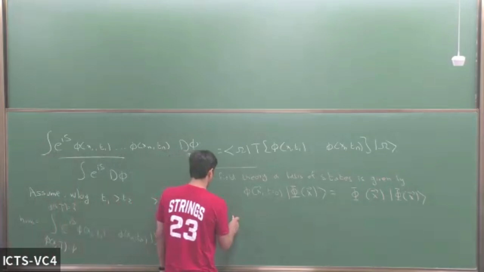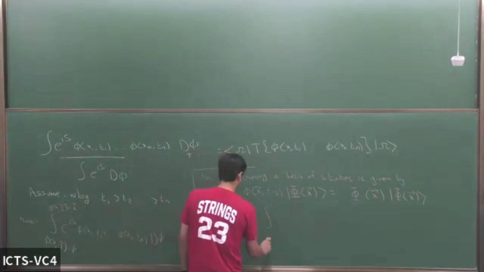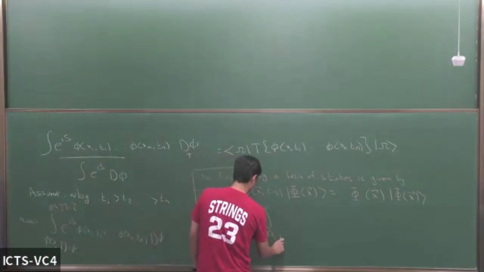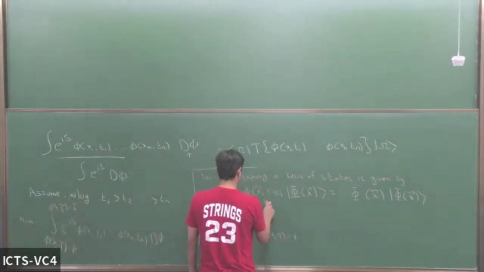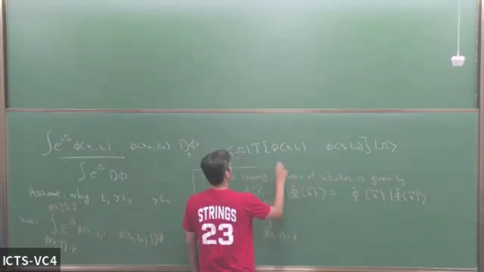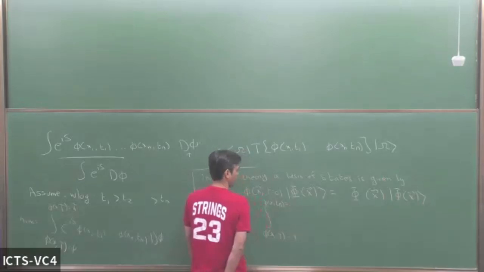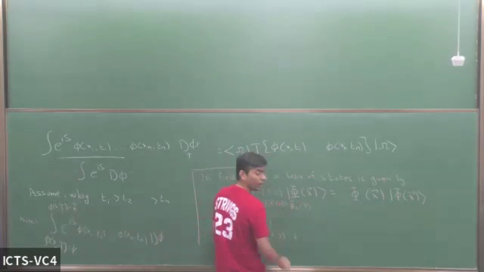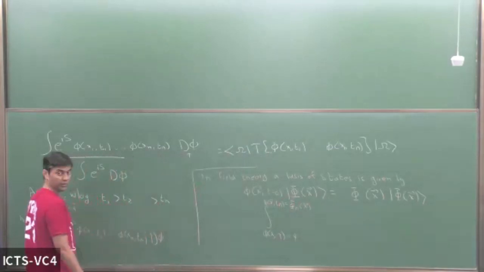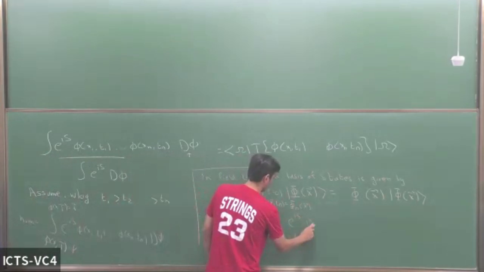You can break it up as the integral from phi of x at minus t equal to psi, to phi of x at tn, remember the smallest time is t1, tn, and let's call this equal to phi n. This is the first part of the integral. And we have e to the iS, and we have d phi.